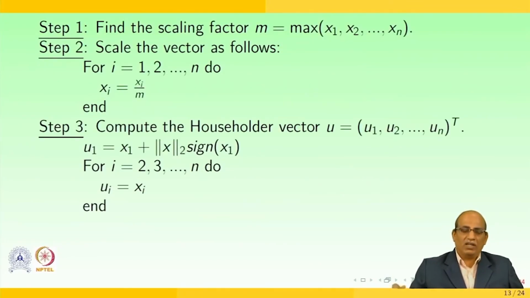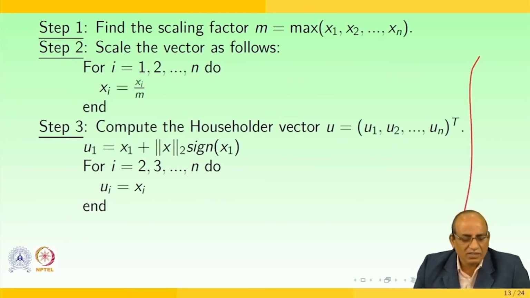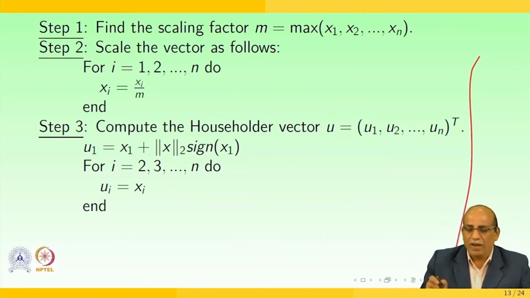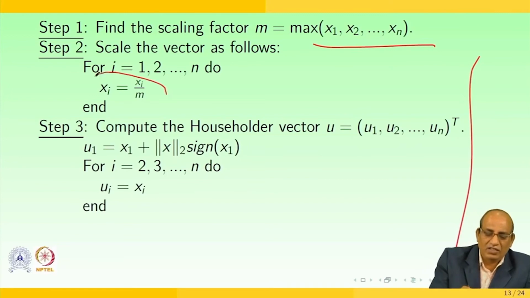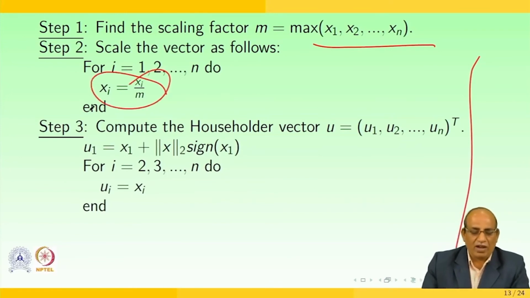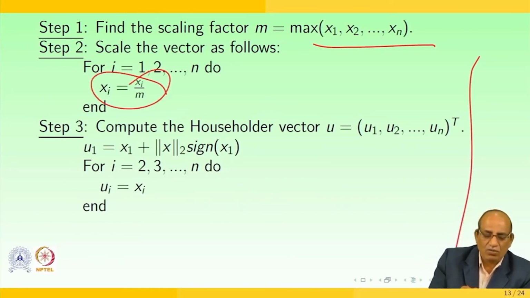Next, let's see how this algorithm works. Step 1 is to find the scaling factor m, that is, the maximum of the absolute values of x1, x2, x3, up to xn. Step 2 is to scale the vector as follows: for i equal to 1, 2, etc. up to n, do xi equal to xi upon m, and end for.